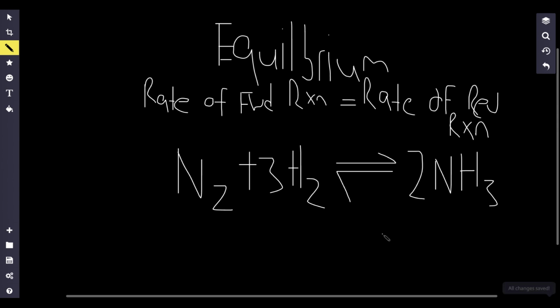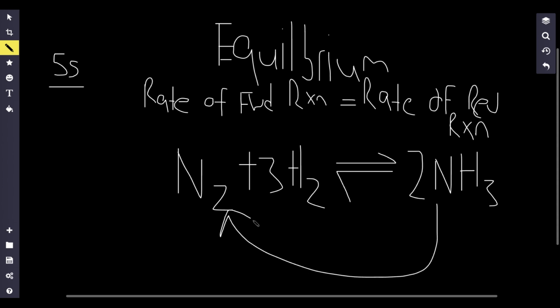Let's say that every 5 seconds, N2 is reacting with H2 to form two molecules of NH3, while every 5 seconds, the same thing would be decomposing back into its original components.